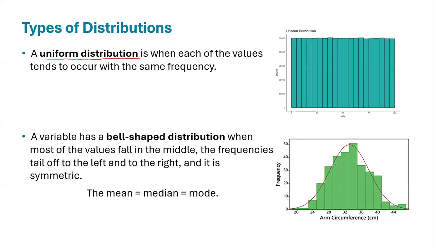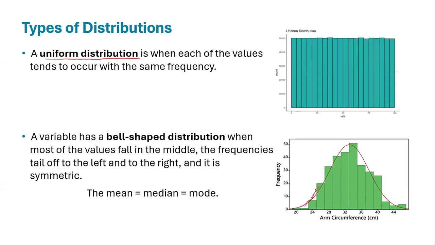But if you create a histogram and you see that most of the values, the tallest bar, is in the center, and the frequencies tail off to the left and to the right.